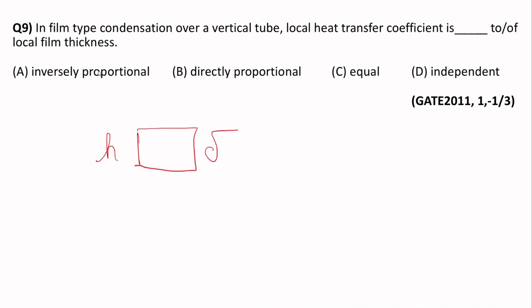What will be the sign over here? So is it equal? Is it independent? Independent means there is no relation between H and delta. Directly proportional, inversely proportional. What is the relation between H and delta? This is the question. This was a 1 mark question in GATE.